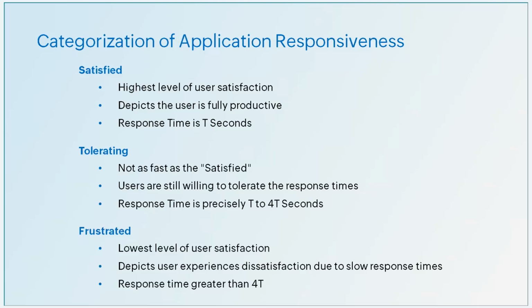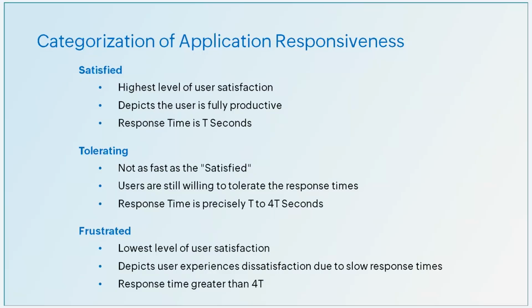The second one is tolerance. The tolerance category indicates that the application's response time is between the tolerating threshold and the satisfied threshold. So users in this category might tolerate the performance, but may not be entirely satisfied as under the satisfied category.